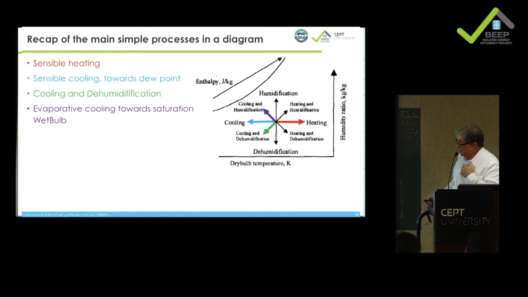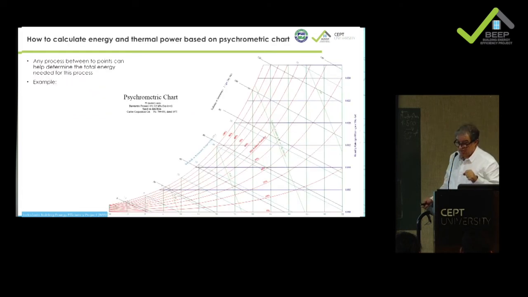Here we have a reminder of your basic physics, how you can calculate energy and power to be used on the psychrometric diagram. We have seen that we have these enthalpy lines, which are really the energy that the different points of the air hold. So if you have air at 35 degrees and 55% RH, and then you go down to there, I don't say what the process is, but let's say going from 1 to 2.